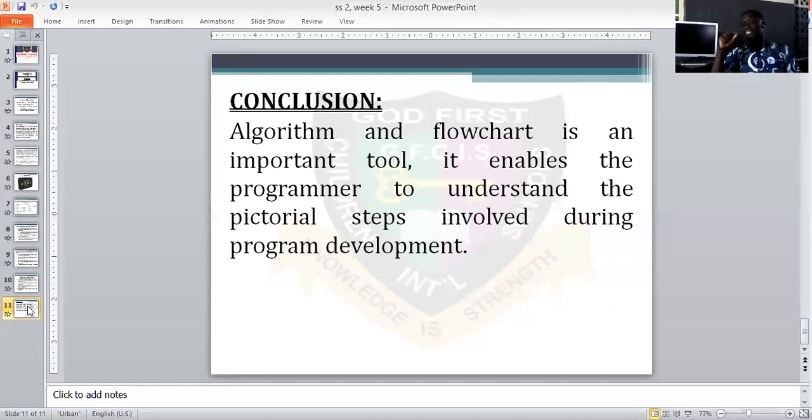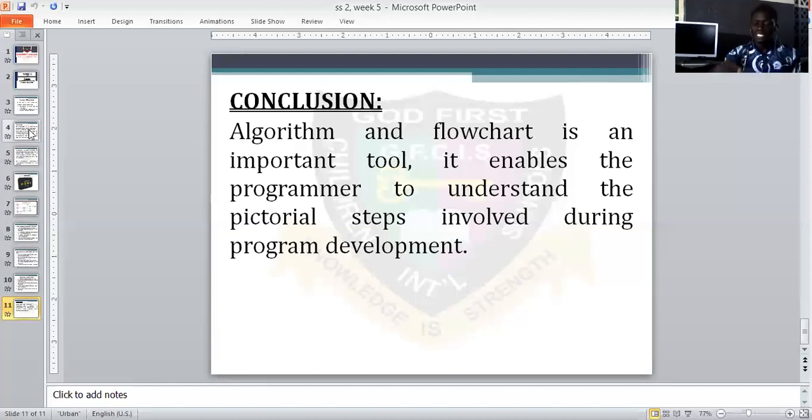Like I've said earlier, every computer programmer should always endeavor to study their algorithm and flowchart, so they will not be confused and can have a straight edge on what they want to work on, what they want to do.